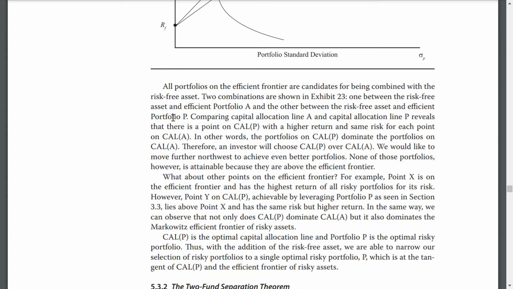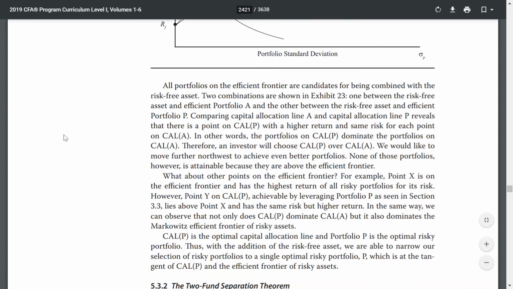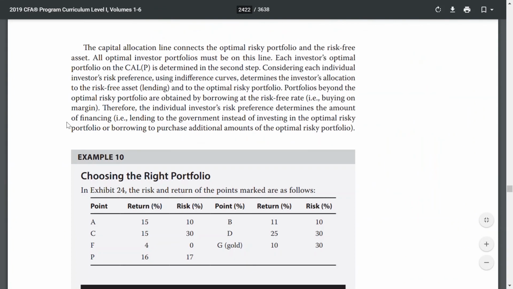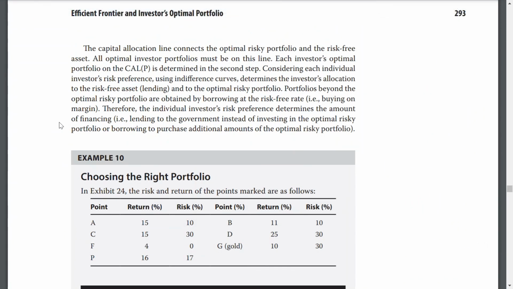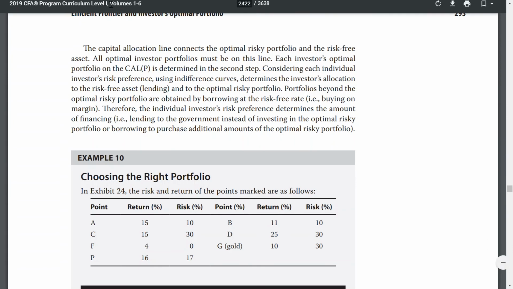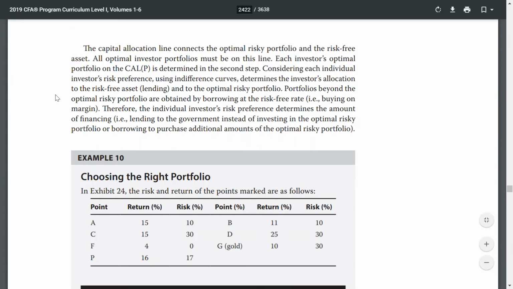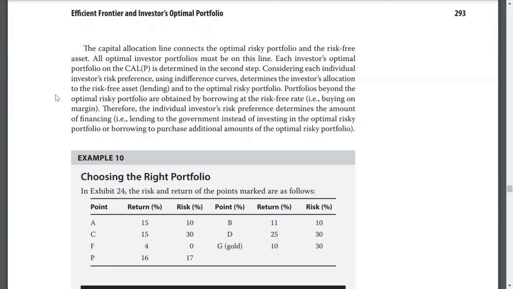In the same way, we can observe that not only does CAL P dominate CAL A, but it also dominates the efficient frontier of risky assets. The capital allocation line connects the optimal risky portfolio and the risk-free asset. All optimal investors' portfolios must be on this line.